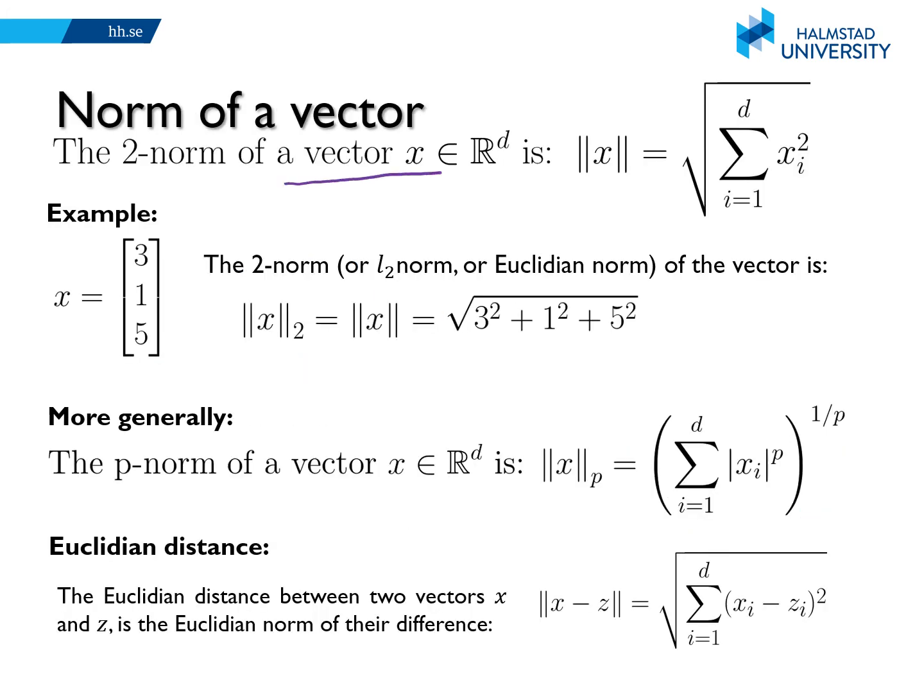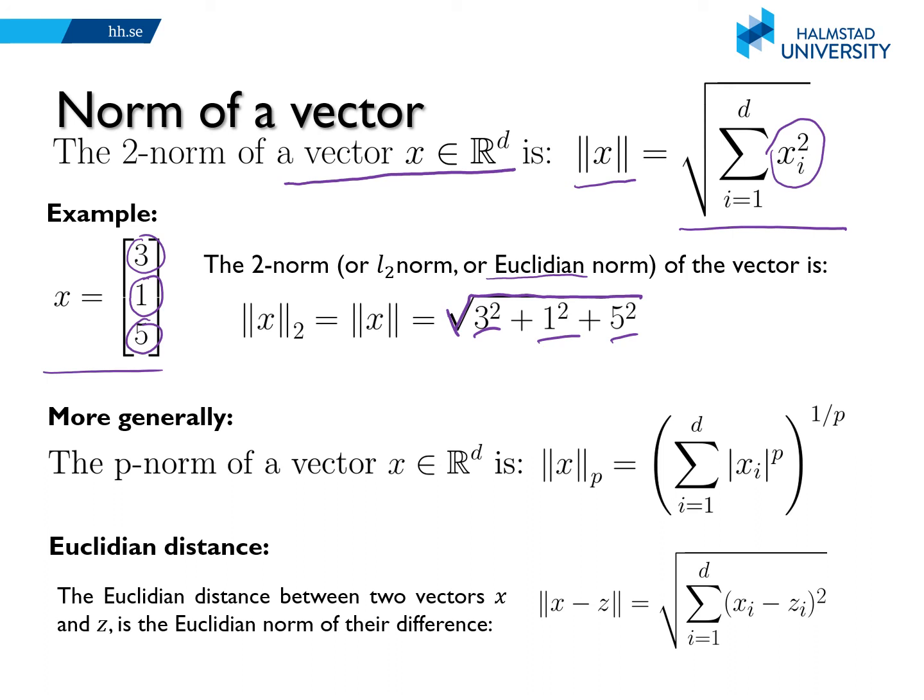If you have a vector x of dimension d, then the norm of this vector is denoted this way, and it is computed as the square root of the sum of the squared values of this vector. For example, if this is our vector, then the 2 norm, or L2 norm, also called the Euclidean norm of this vector, is computed as 3 squared plus 1 squared plus 5 squared, and all this under the square root.